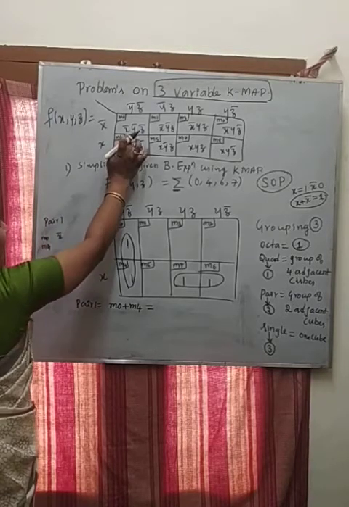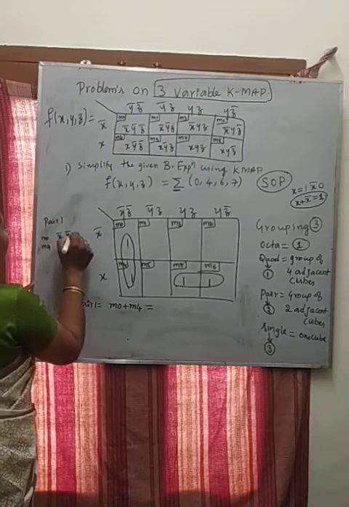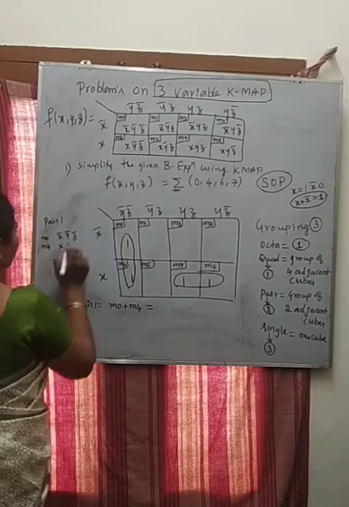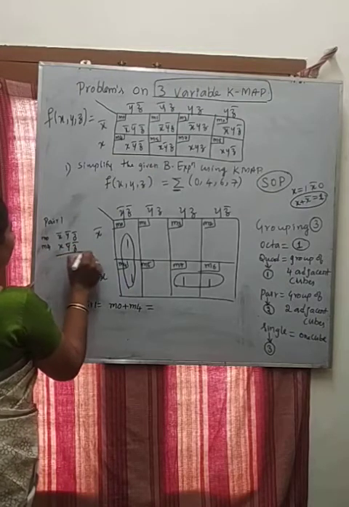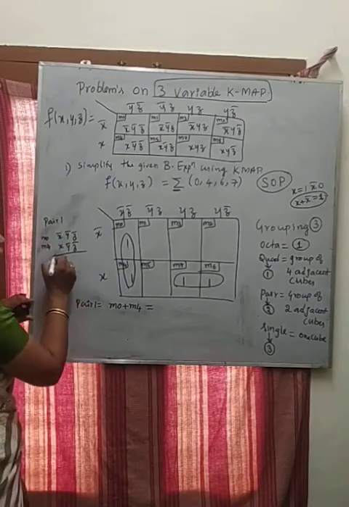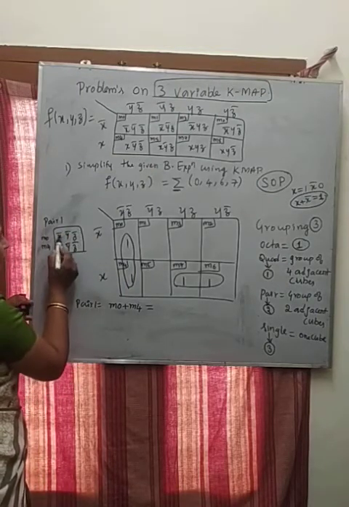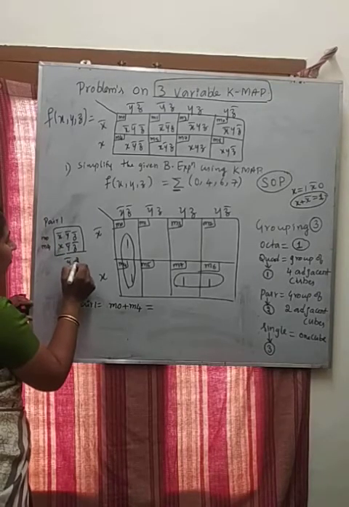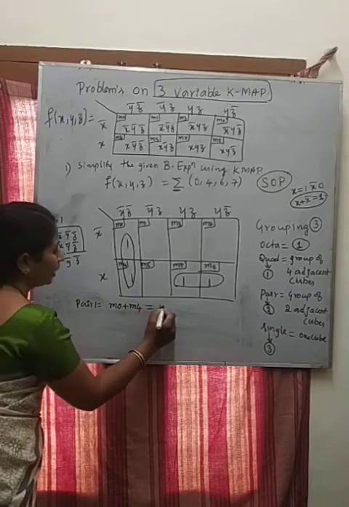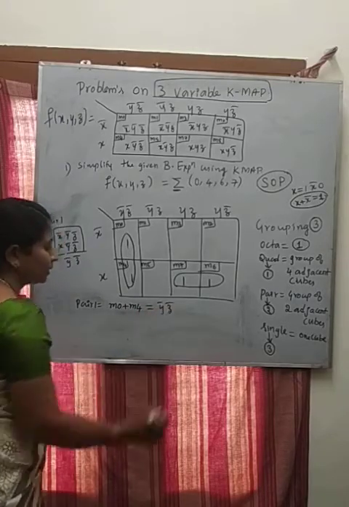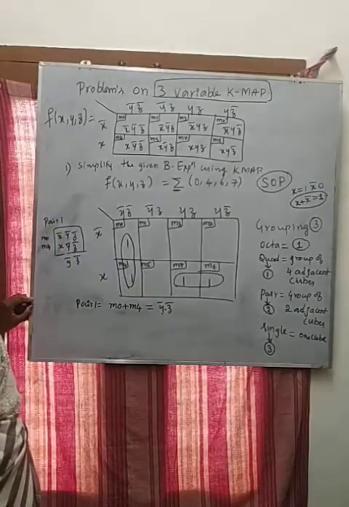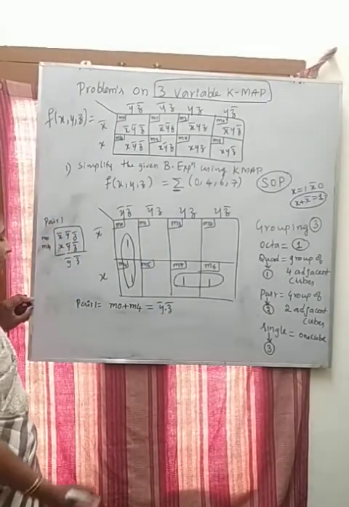M0 is x complement, y complement, z complement. M4 is x, y complement, z complement. X bar gets cancelled. Y bar is common, z bar is common. Then y bar z bar is common. Between them, what operation is there? AND operation, that is multiplication.